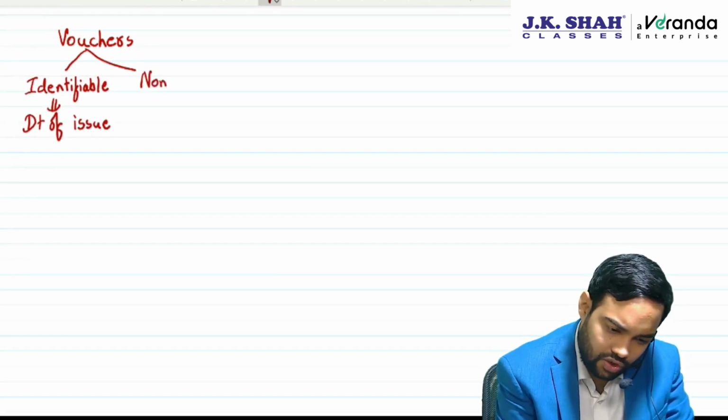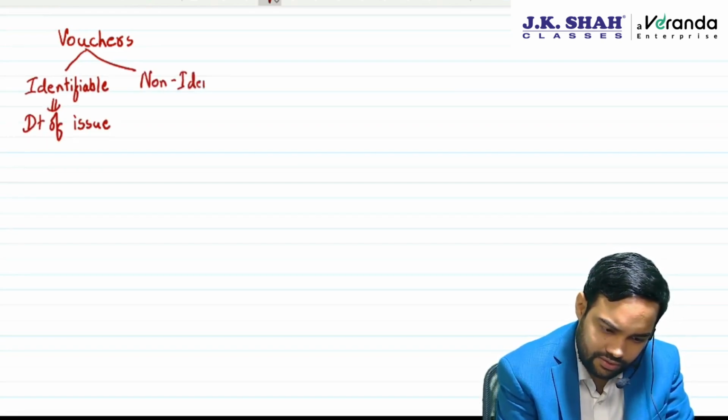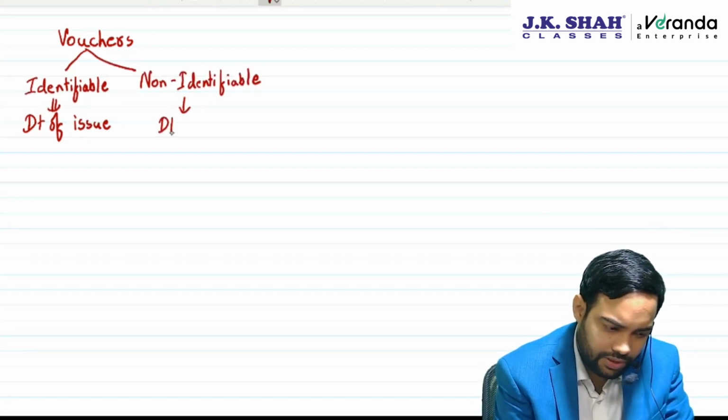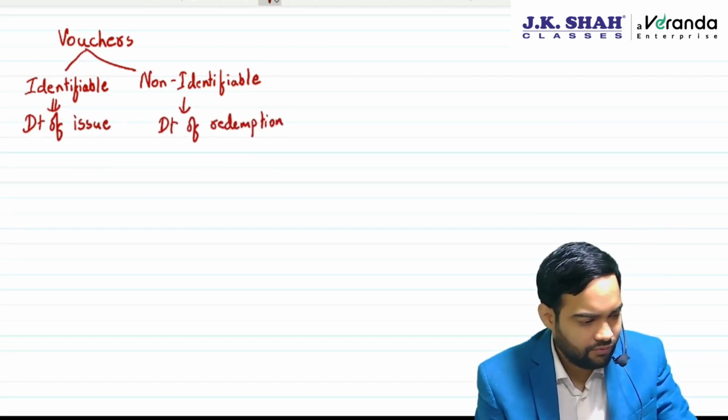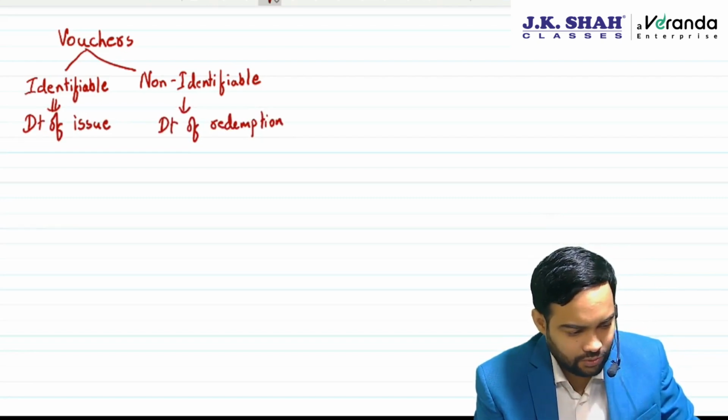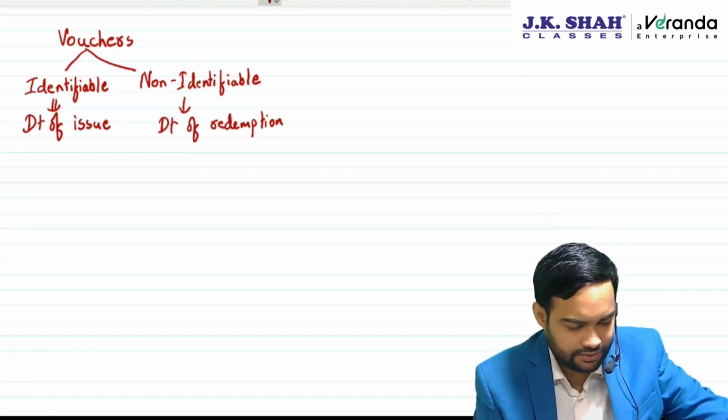If it is non-identifiable, that means you are not able to identify, then in that case it would be the date of redemption. So the redemption date will be considered as the time of supply. That's what the law says.